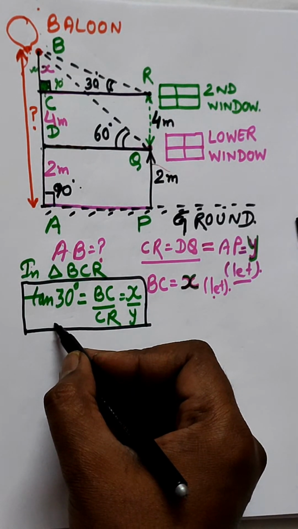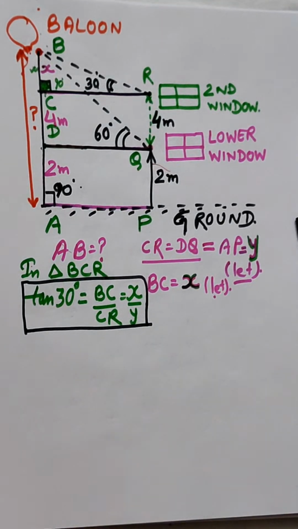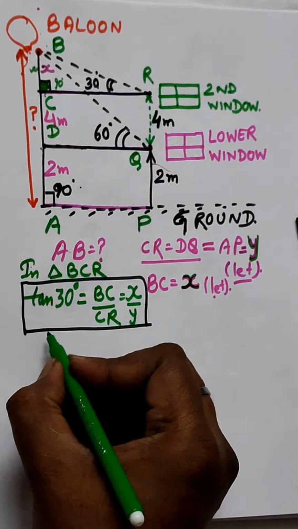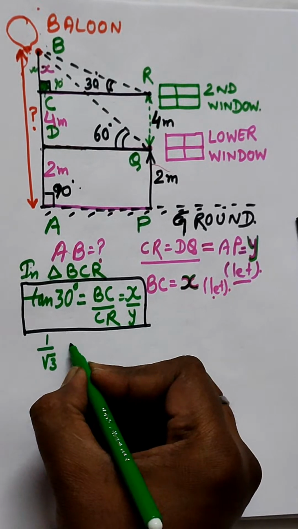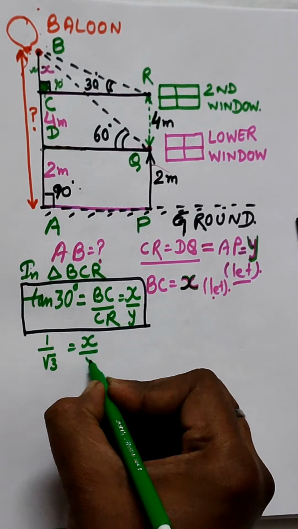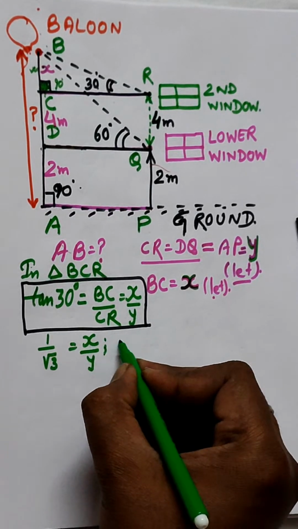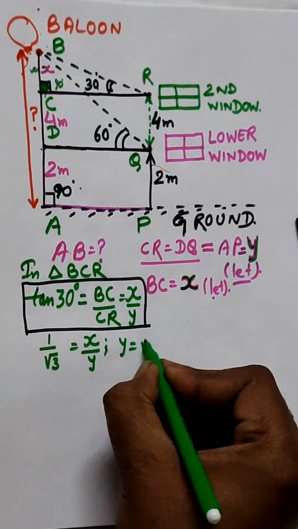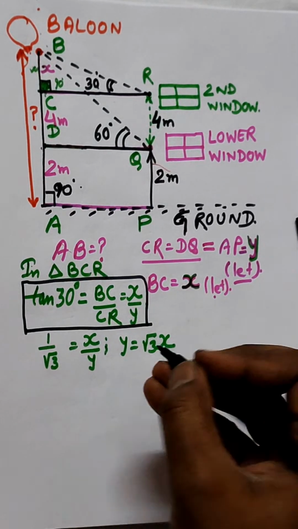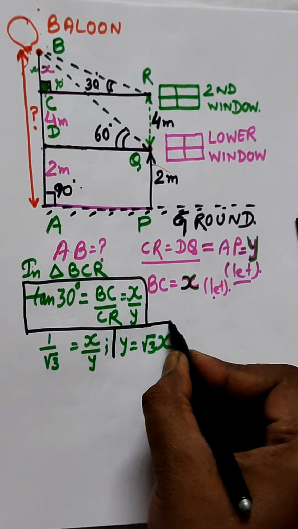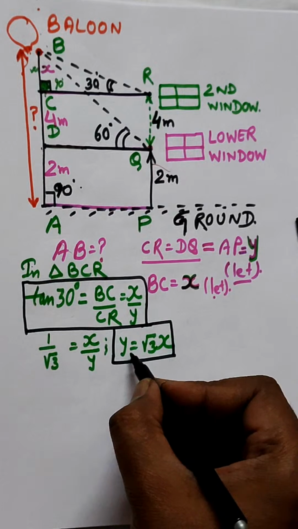So if tan 30 is 1 by root 3 and it is equal to X by Y, then by cross multiplication we get Y equal to root 3 X, isn't it? This is one of the relations which we have derived, the relation between Y and X.